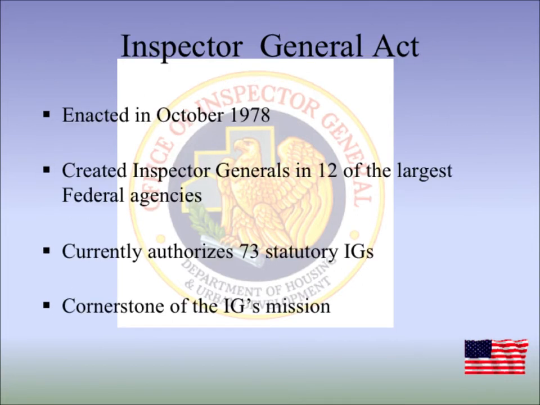Okay, so what is HUD OIG? The Inspector General Act was enacted in October 1978, and it created Inspector Generals in 12 of the largest federal agencies. So most agencies have an Office of Inspector General, and we authorize 73 statutory IGs, and it's the cornerstone of the IG's mission to have sort of a watchdog.